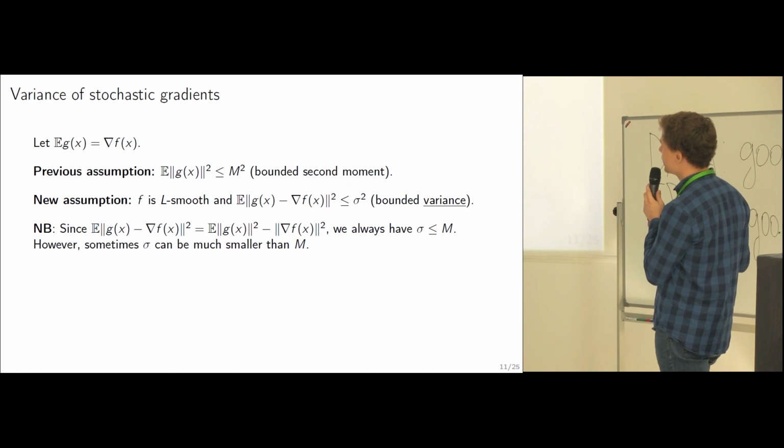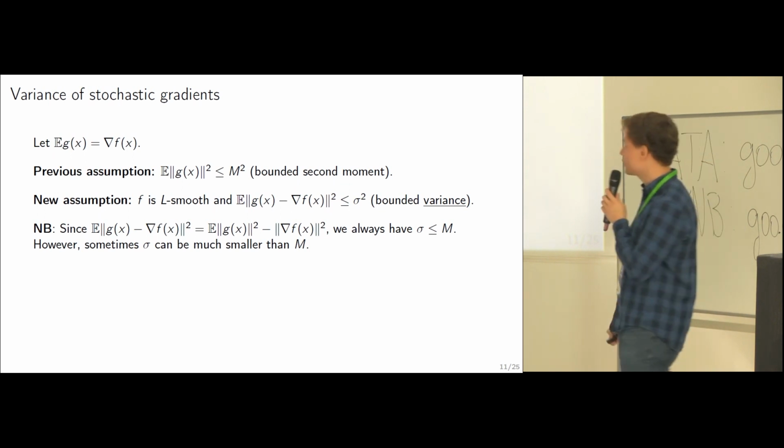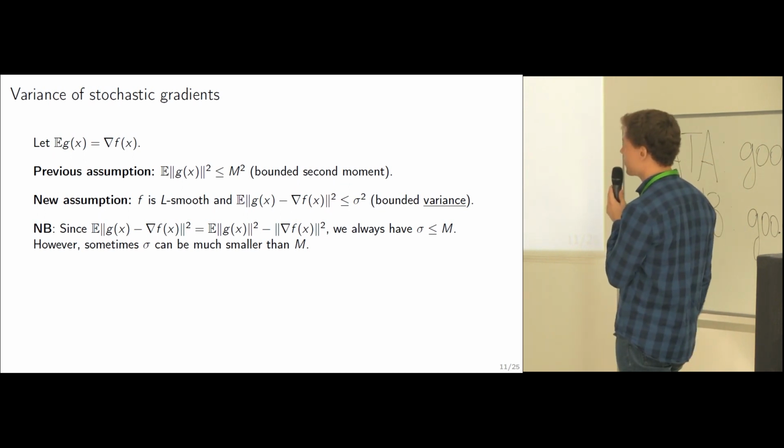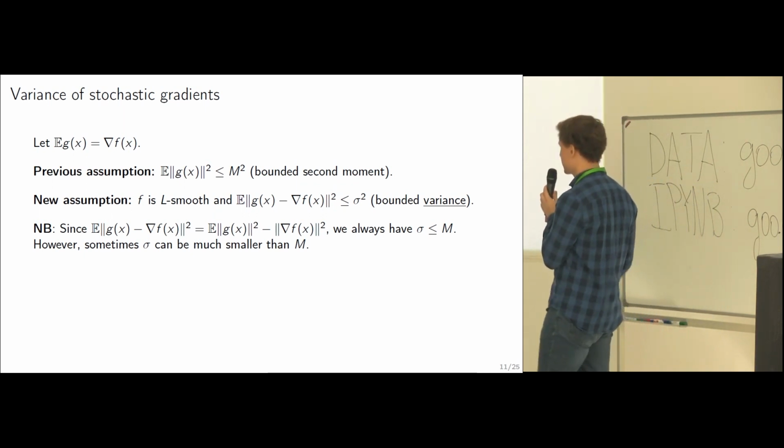And it shows that this constant sigma is always smaller than this constant M. So if we know that the size of our stochastic gradient is bounded, then we know that the variance is bounded. However, there are some applications where it is useful to consider variance.